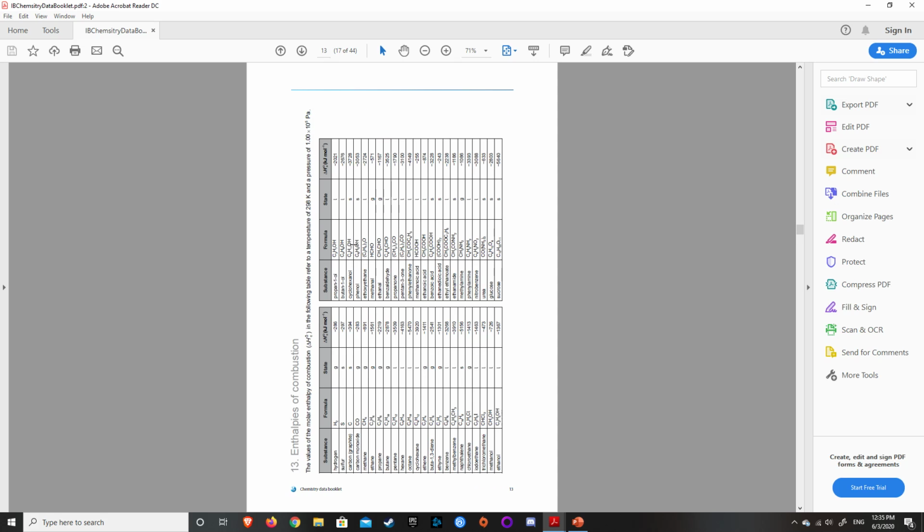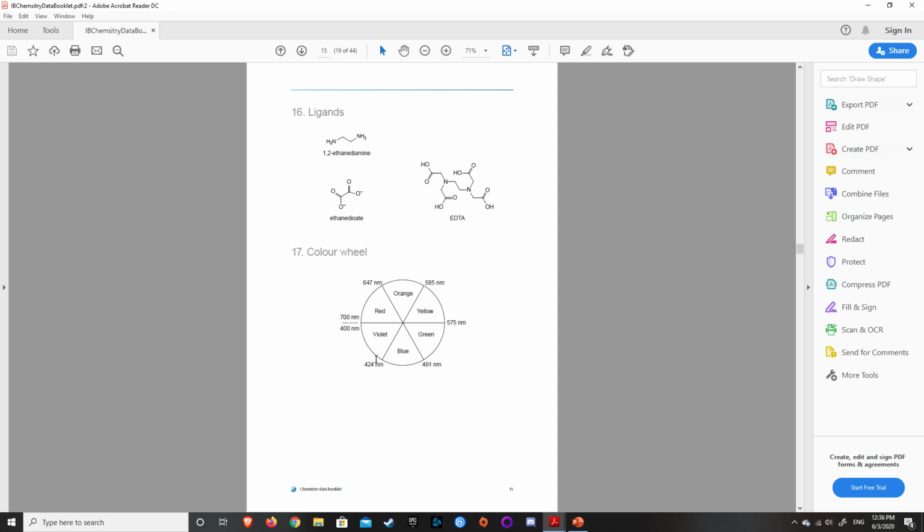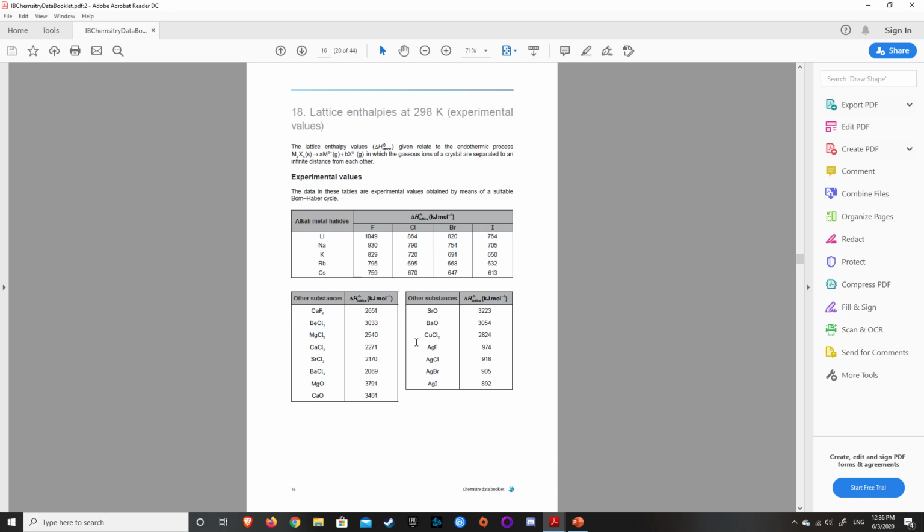Where are the lattice enthalpies given? Maybe the textbook has changed since the creation of this data booklet, or the data booklet has changed since the textbook. I believe the data booklet was revised in 2017 or 2018, and the book's still from 2014. So the locations changed, but we've got this at least given to us here.